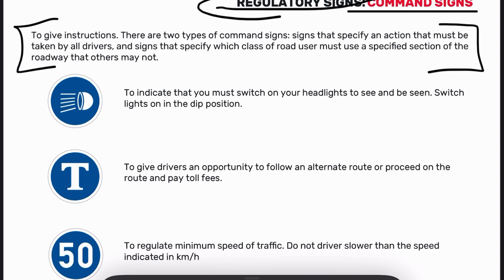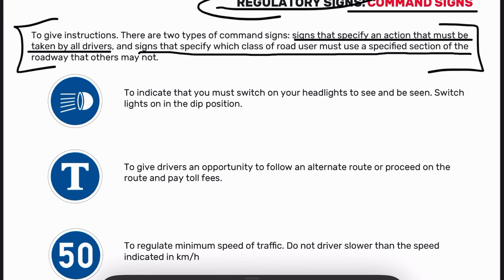There are two types of command signs: signs that specify an action that must be taken by drivers, and signs that specify which class of road users must use a specified section of the roadway that others may not. Okay, those are the command signs, but they left important information also.